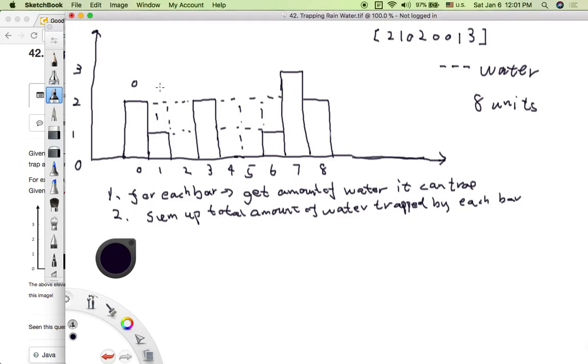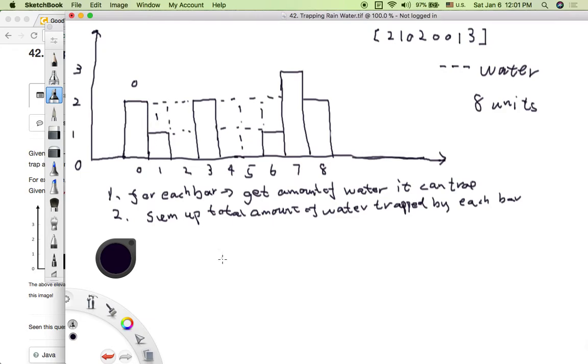Why can it hold 1 unit of water? Because we find that on the left it has 1 bar, and it's taller than its own height. So we can get the difference between the left bar and this bar, which is just 1: height 2 minus height 1.